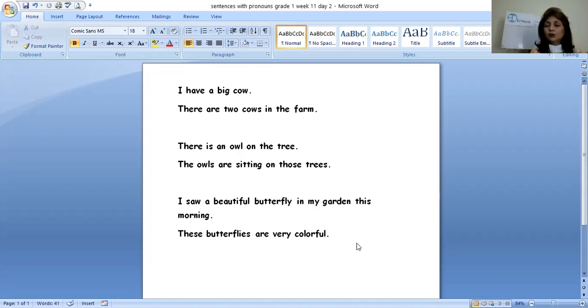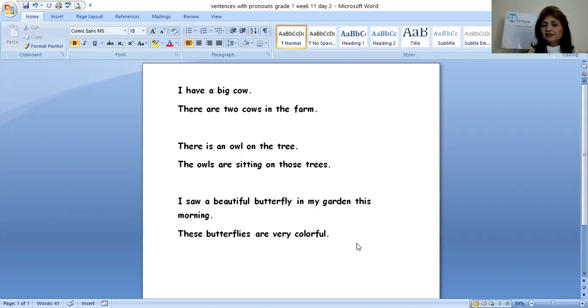There is an owl on the tree and the owls are sitting on those trees. Again the nouns: in the first sentence, there is only 1 owl, whereas in the other sentence, there are more than 1 owl, right?